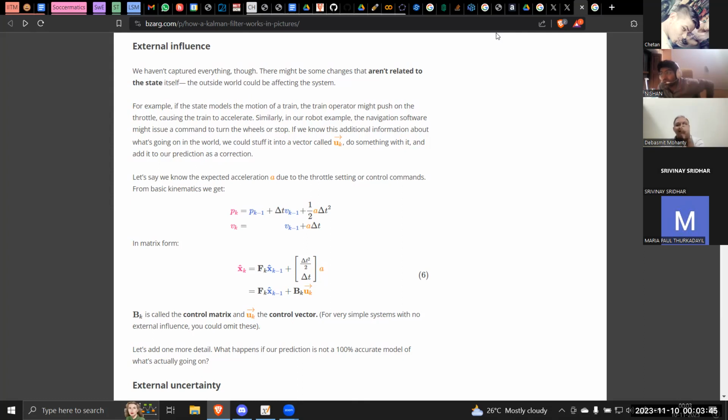Similarly, in our robot example, the navigation software might issue a command to turn the wheels or stop. If we know this additional information about what's going on in the world, we could stuff it into a vector called uk, do something with it, and add it onto our prediction as a correction.